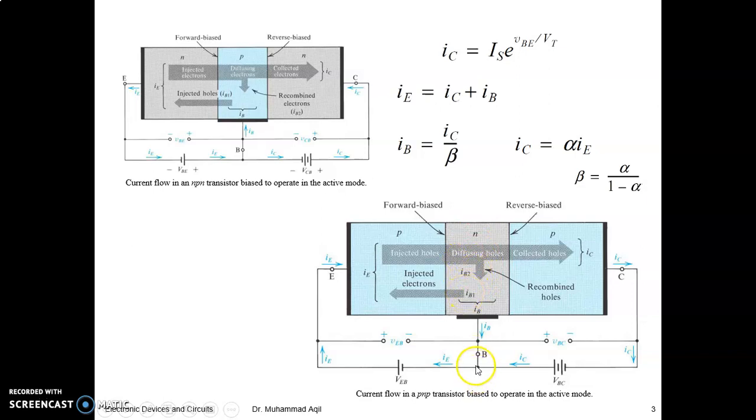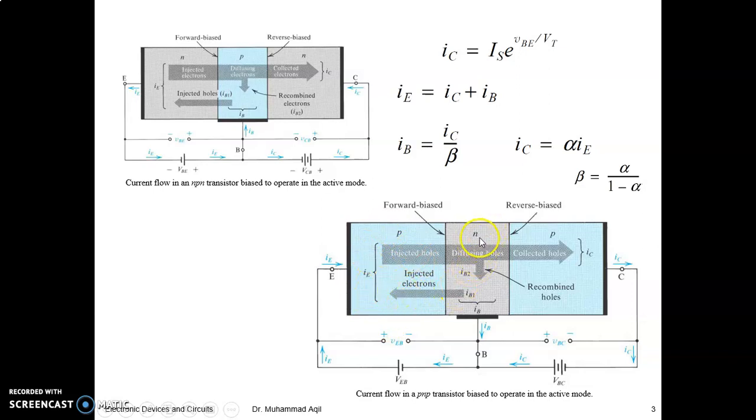In the same way, because of this negative polarity here, the electron majority carriers will be injected into the P type where they combine to make another part of the base current, and these two combine to make the total base current. And here is the same case: the hole and electron currents combine to make the total emitter current, right?